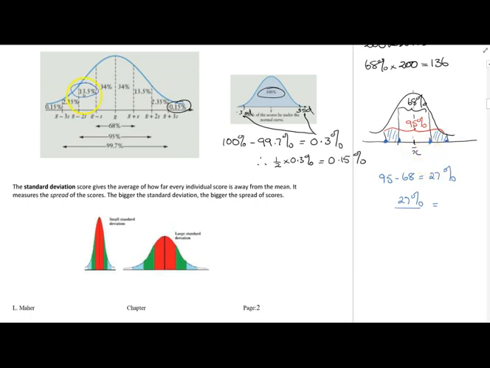Now, it doesn't say 27. Why not? Because this 27 has to be broken into 2 equal parts, split up. So 27 divided by 2 is where your 13.5 comes from.